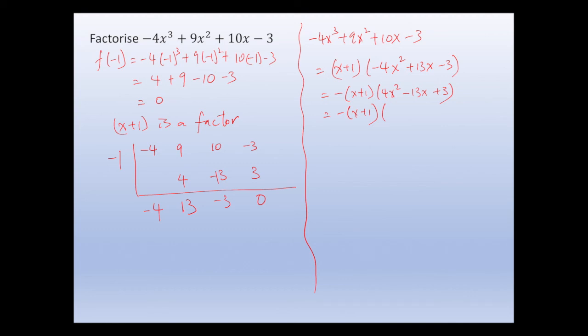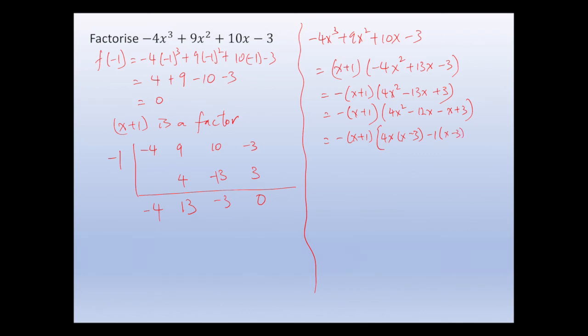Alright, now you can actually factorize it by grouping. We know that two numbers should multiply to plus 12 and add up to minus 13. So it's actually 4x squared minus 12x minus x plus 3.